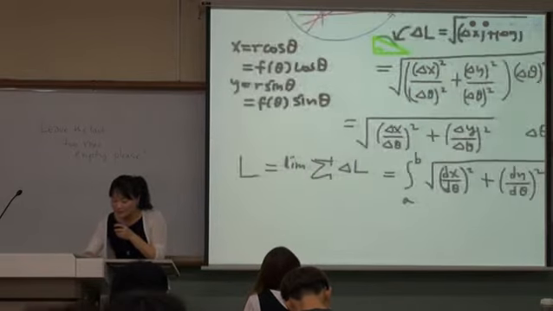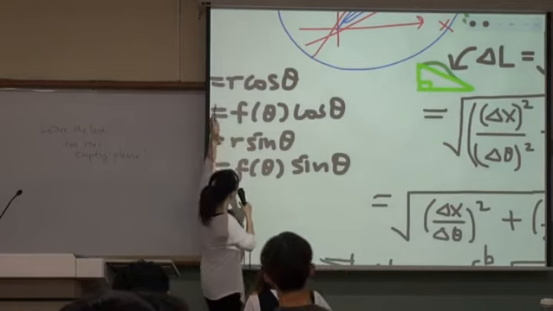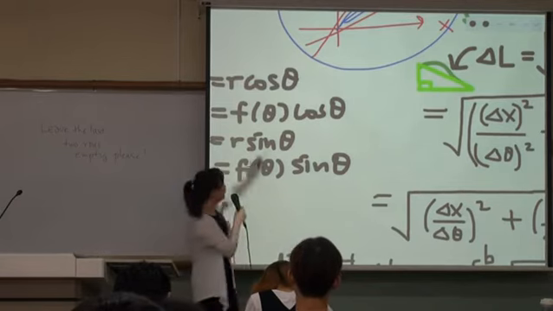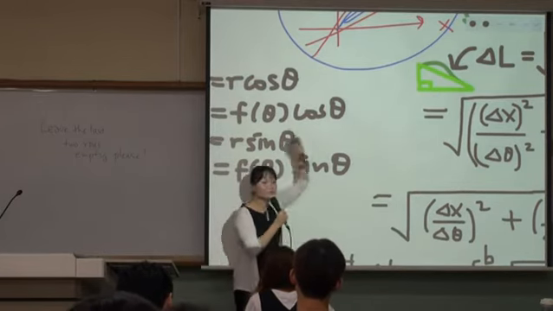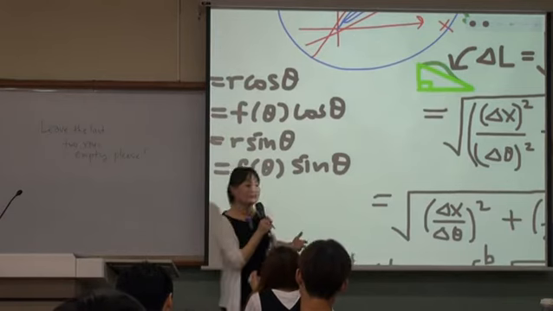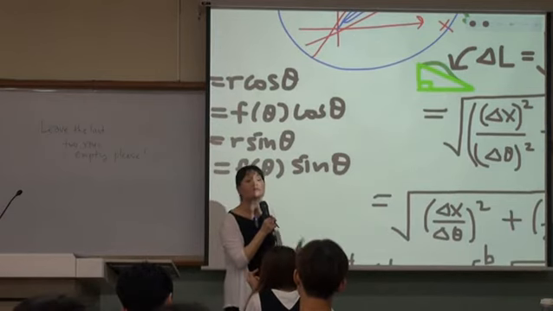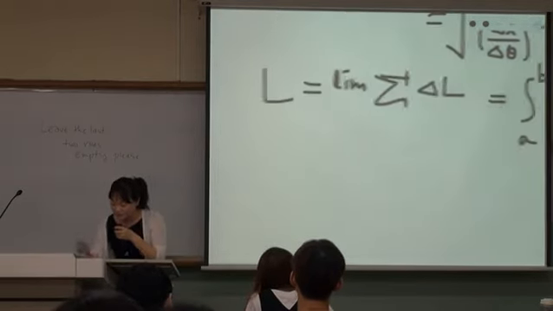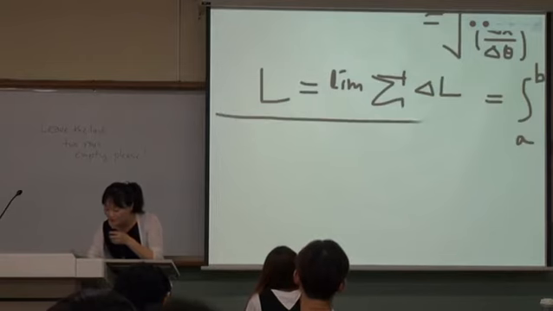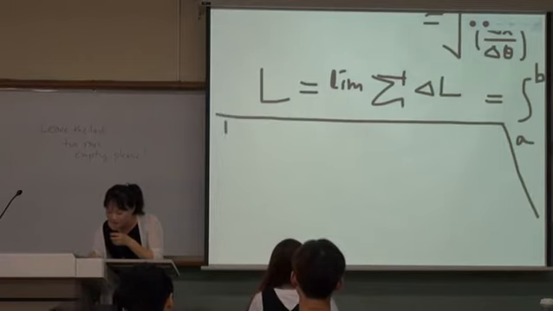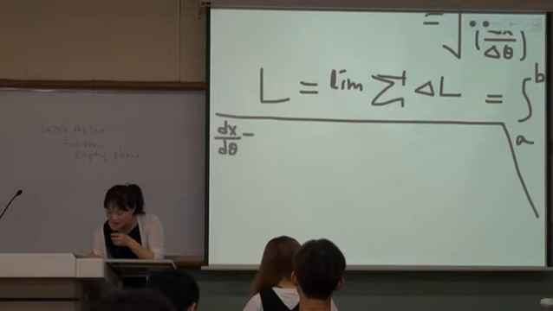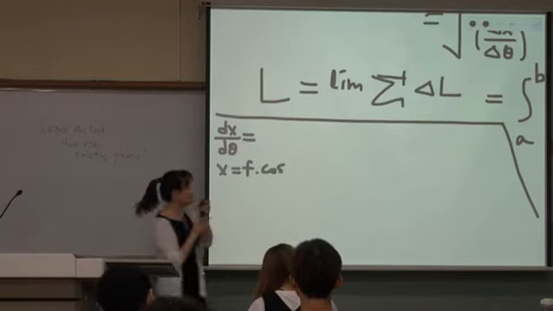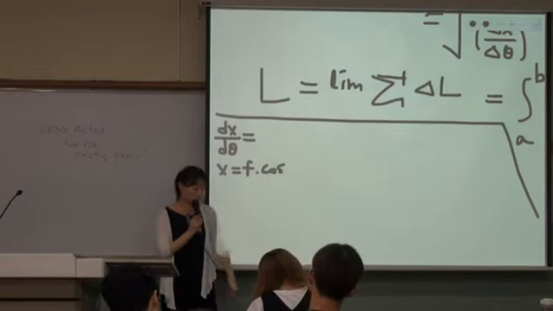But we can simplify this further because I know the exact formula of x and y. X is f of theta times cosine theta. Let's take the derivative. F is a function of theta, cosine is a function of theta. So to take the derivative, which rule do we have to use? Product rule. So let's do that. Let me suppress theta here to simplify.